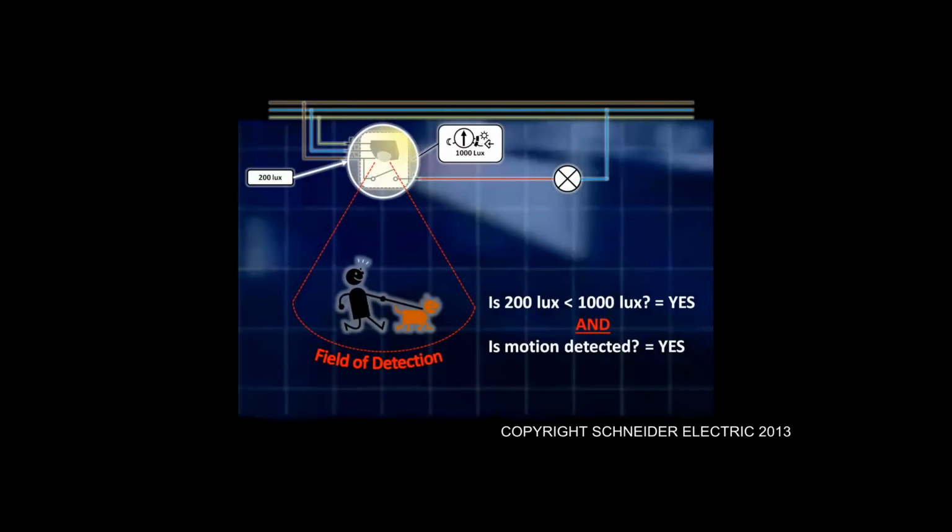Is the ambient light, which is 200 lux, less than 1000 lux, which is that predetermined light level setting on that pot? In this case it is. And is motion being detected? If both of these conditions are true, the contacts within the sensor will close and the light switches on.